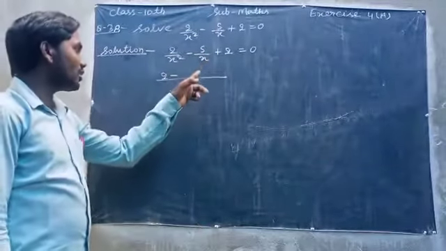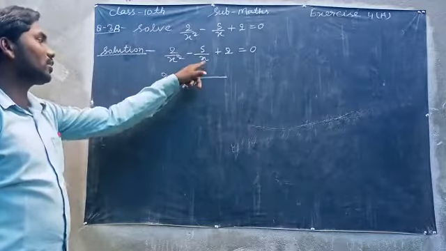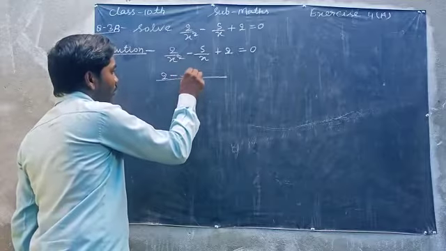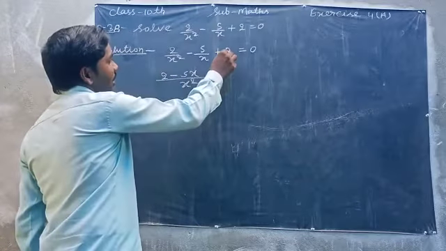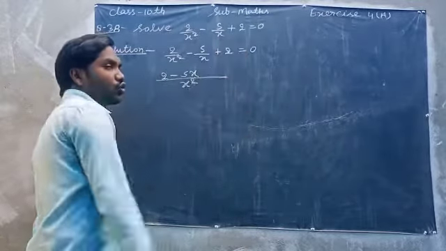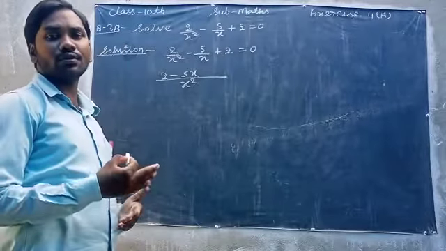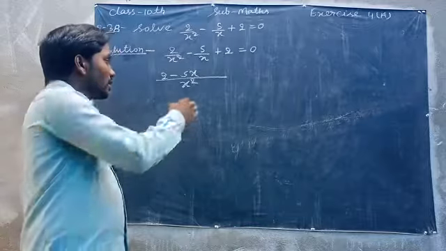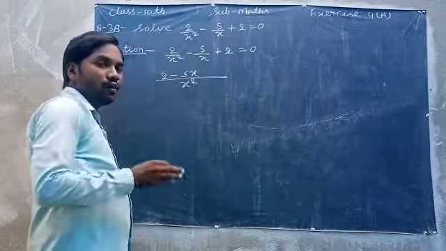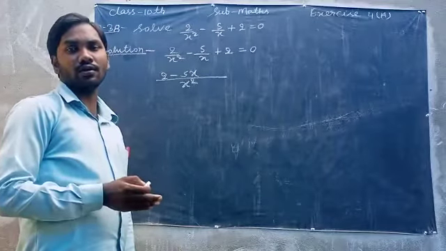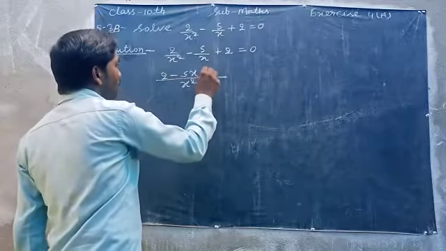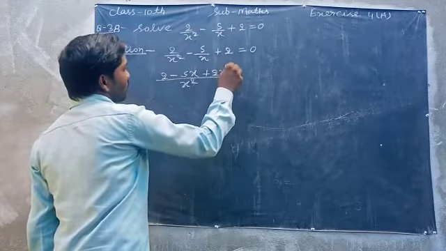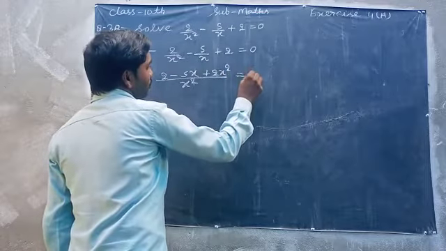When x square is divided by x, we get x. So, here it comes 5x. Here, the denominator of 2 is 1, so when we divide x square by 1, we get x square, and x square multiplied by 2 is 2x square, is equal to 0.